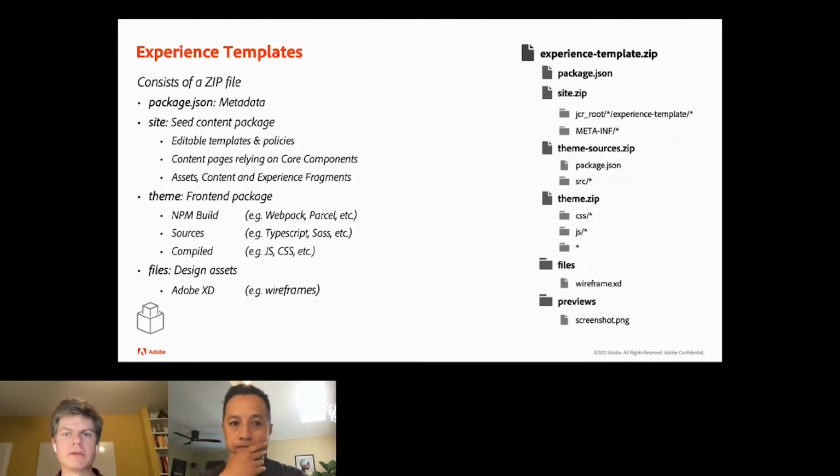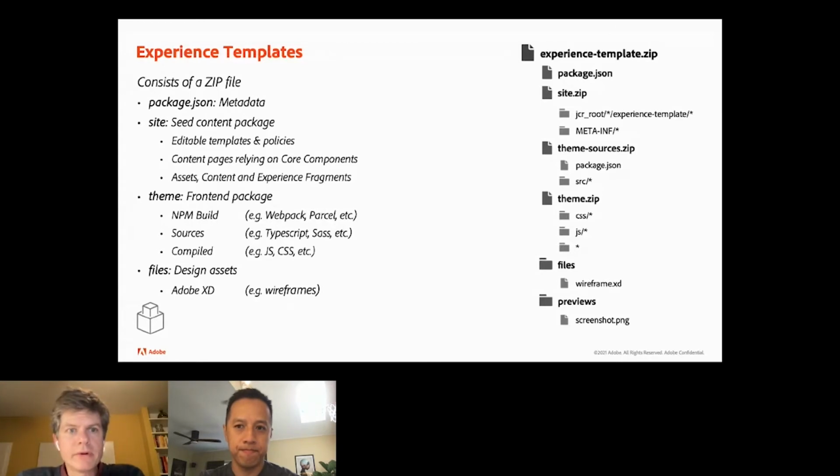You don't want to reinvent the different components that are needed in the design file each time you use this template, so that you can design that and maybe adjust just a few colors in the design file before the front-end developer starts to really do that. And then there is also a previews folder, which allows you in the UI, when you choose the experience template, to preview how it will look.